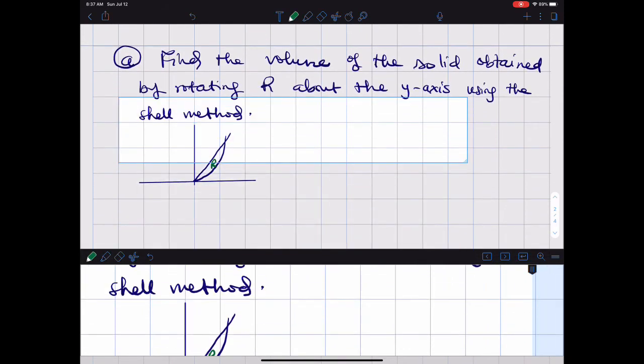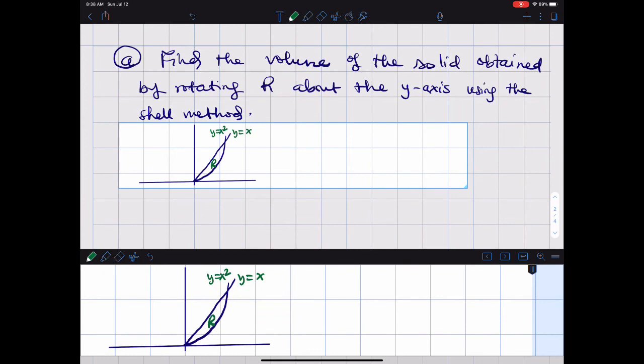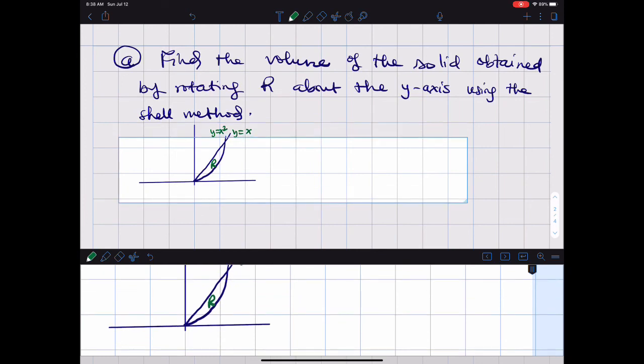So this is y equals x, this is y equals x squared. The point of intersection here is definitely 1. If you want to solve it, set x squared equal to x, and you get 1.